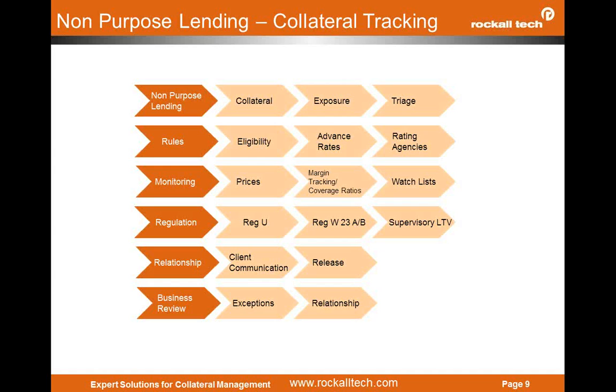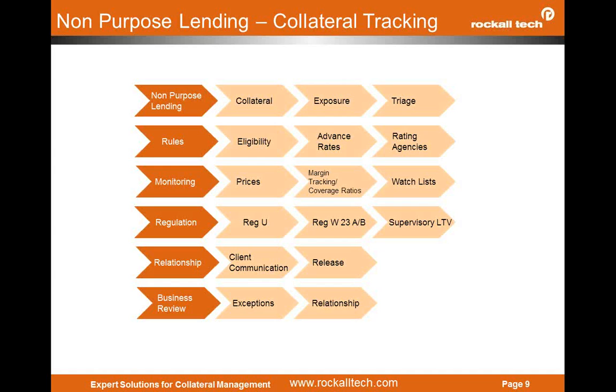What we found across the client base that do this type of lending to date is that quite often they actually treat these as non-secured loans, and therefore they don't have a low LGD, or loss given default.